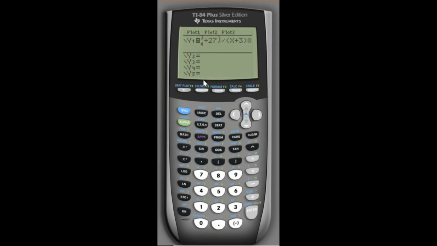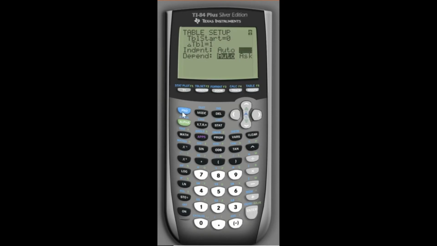So I've got my function typed in. Now in blue it says table set, so I'm going to choose second table set. Now notice it's asking me if the independent variable should be set to auto or ask. So I'm going to choose ask because I want it to ask me what values to use for the x variable.